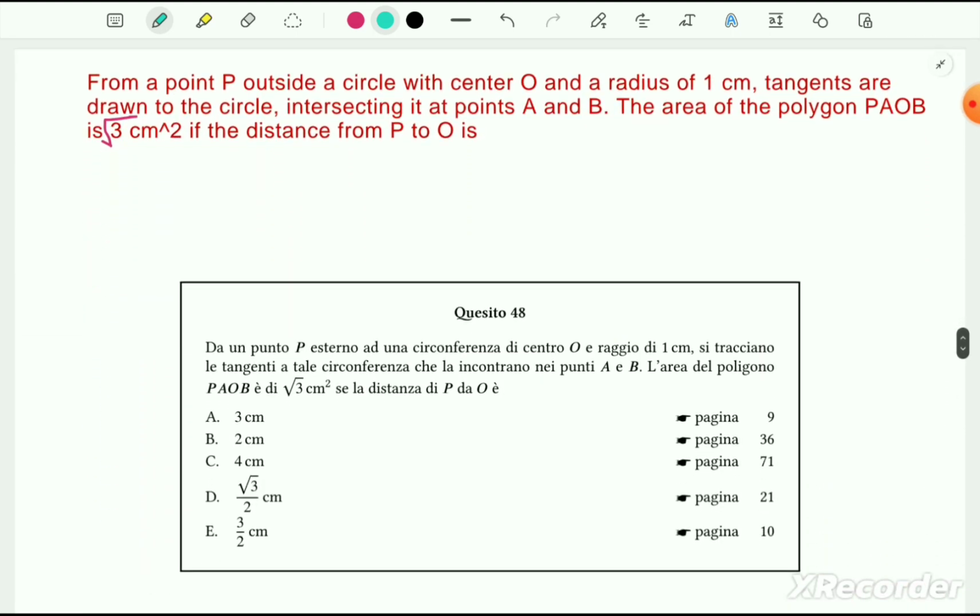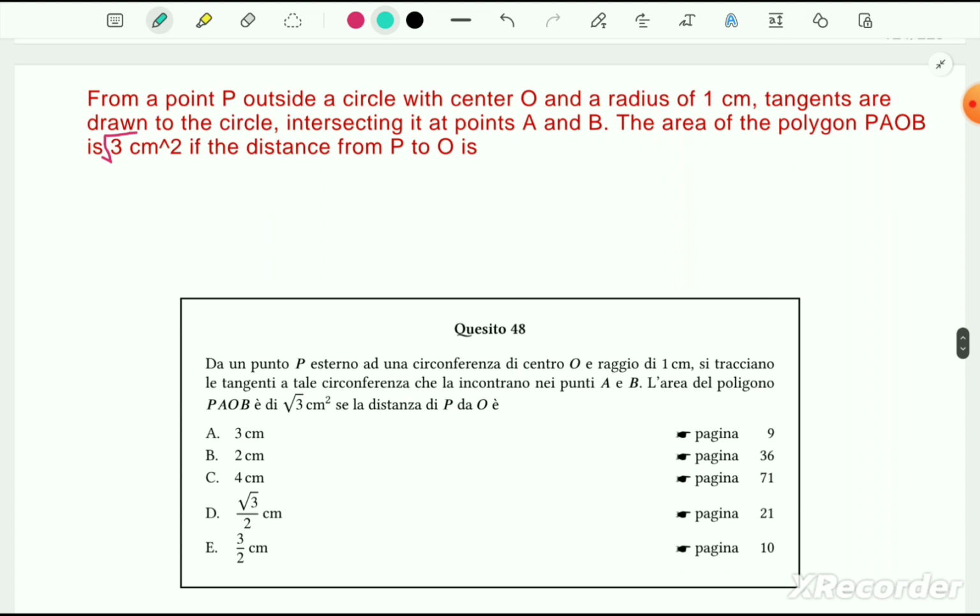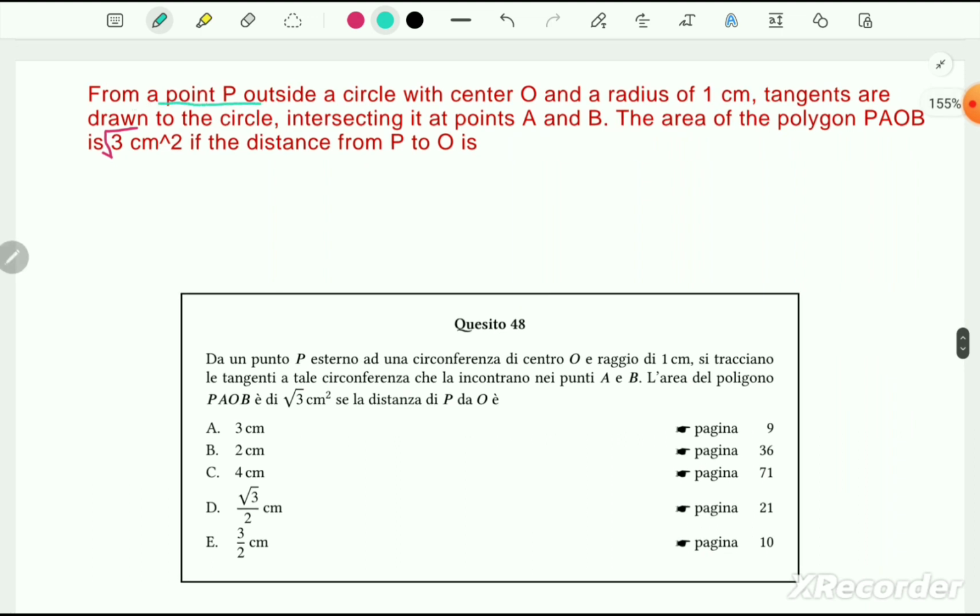This is 48. From a point P outside of a circle with center O and a radius of 1 centimeter, tangents are drawn to the circle intersecting it at points A and B. The area of the polygon PAOB is root 3 centimeter square if the distance from P to O is, okay, so like from a point P outside of a circle.